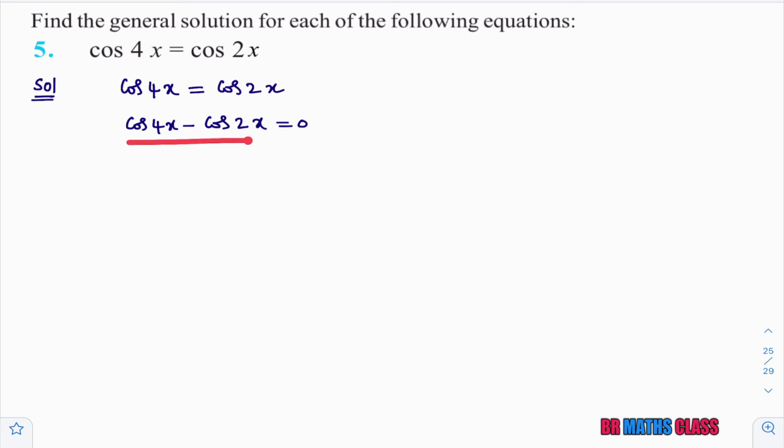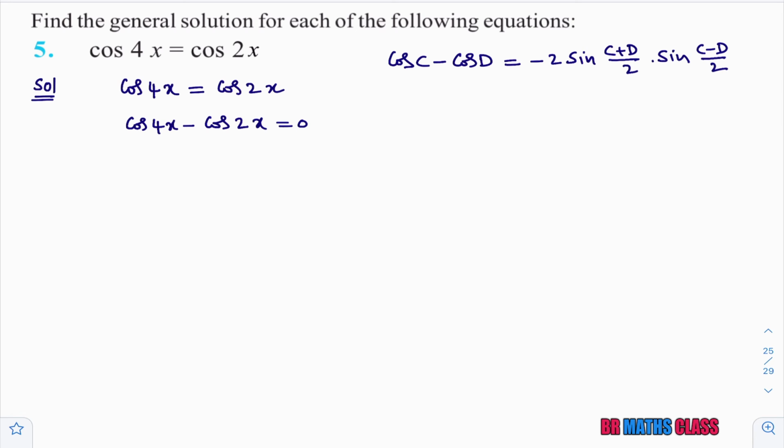It looks like cos C minus cos D. We know this formula. What is the formula for cos C minus cos D? The formula is minus 2 sine of (C plus D) divided by 2 into sine of (C minus D) divided by 2.